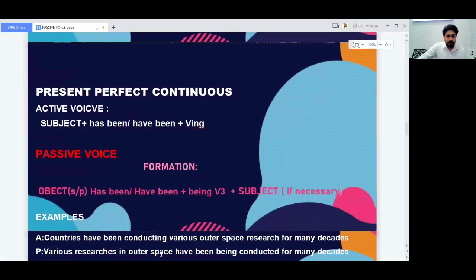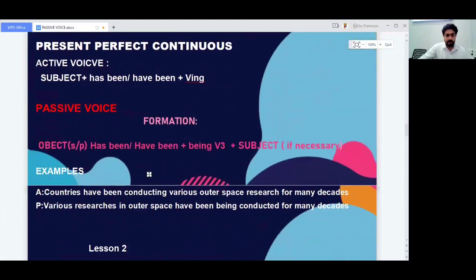Very rarely, and extremely rarely, we do passive voice in present perfect continuous tense. So I just want to give an example only, because this is very rare.